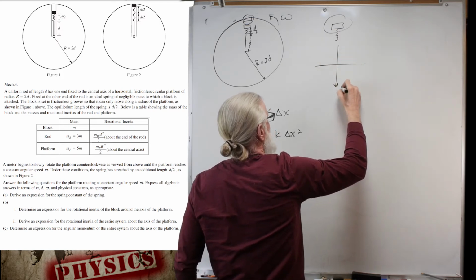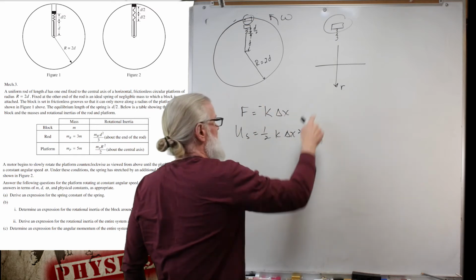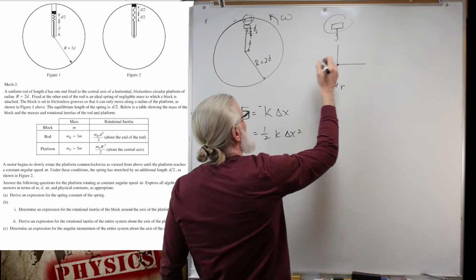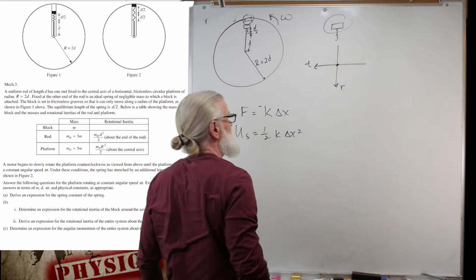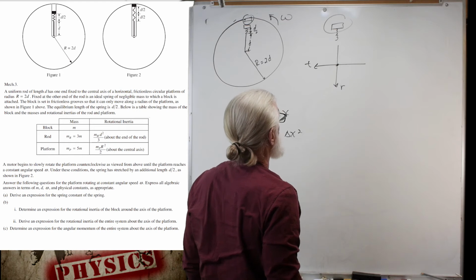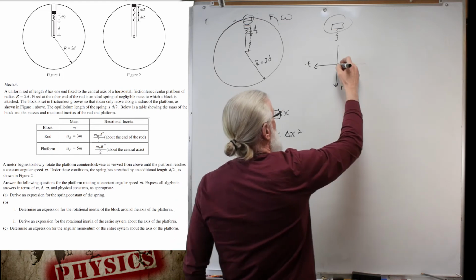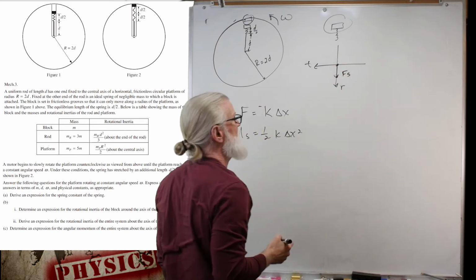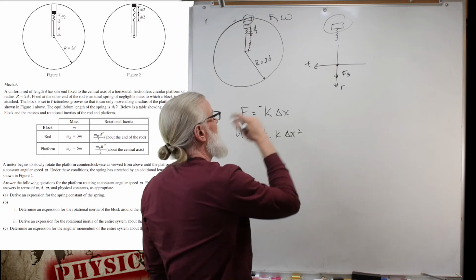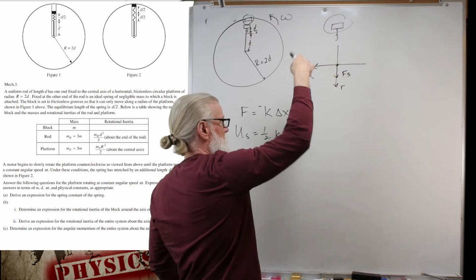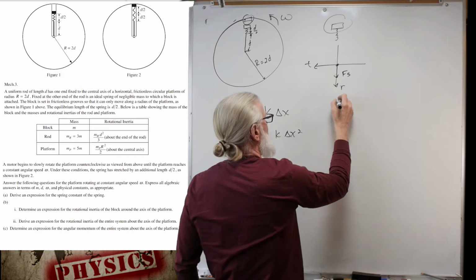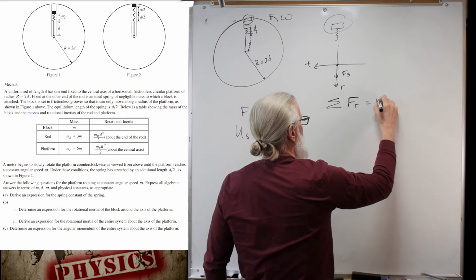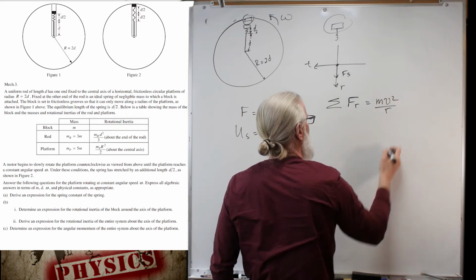I'm going to use my RTZ coordinate system. The center of the circle is this way, so I'm going to make that my R-axis, and we got our tangential axis, but that's probably not going to come into play here. So we have this force, the force of the spring, pulling in like that. Now we also had the normal force and the weight into the plane, but that's not going to enter into this. So the sum of the forces in the R direction equals mv squared over r.